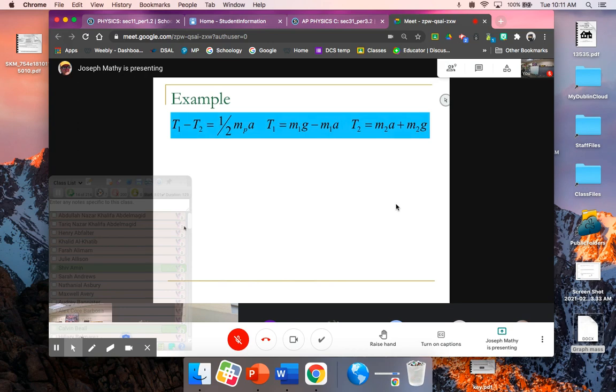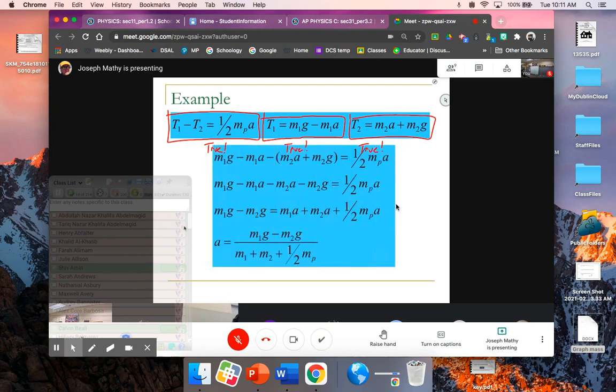So Matthew, how can I solve for T1 or T2? Well, here's what I like to do. I know this equation is true. I know this equation is true. I know this equation is true. So, if all of that is true, I think you guys know what I'm getting ready to do.